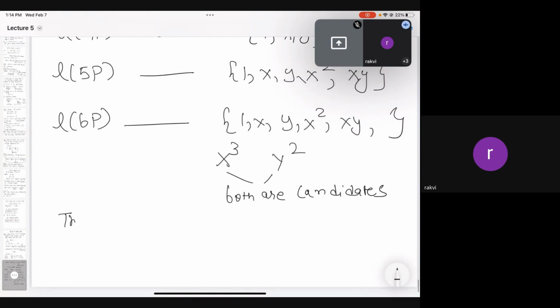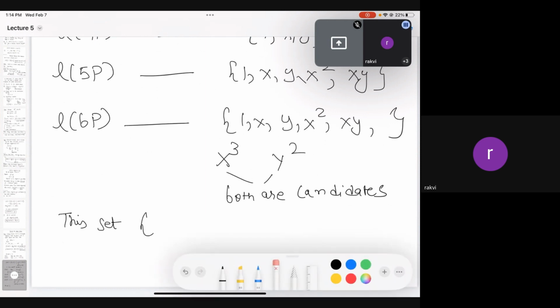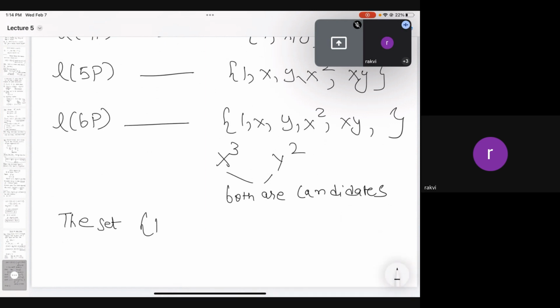So this set, let me say the set because this is rather ambiguous, the set 1, X, Y, X square, XY, X cube, Y square is dependent. It means there is a relation between them, right? And basically by adjusting coefficients, I can assume that for Y square and X cube the coefficient is 1.